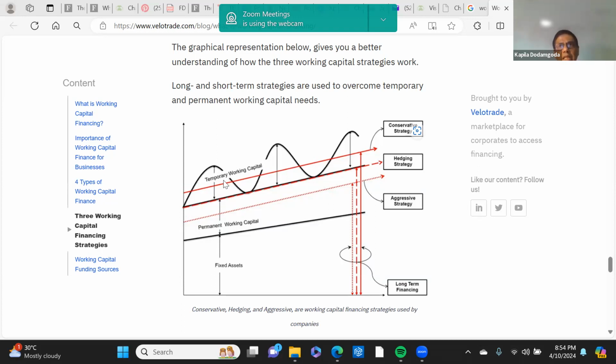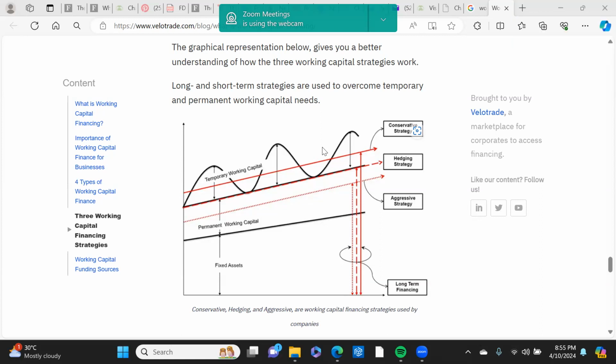Sometimes the raw material availability is within a limited period, so you have to acquire raw material and keep it in inventory, and then you may use that inventory until the next season it is available. Sometimes it may be natural material which you take from the sea or some mineral, and again the availability of the raw material where you can harvest it could vary. So that's the temporary working capital. These are the business cycle, the seasonal variation. Is that clear?